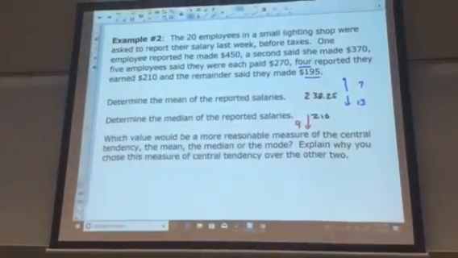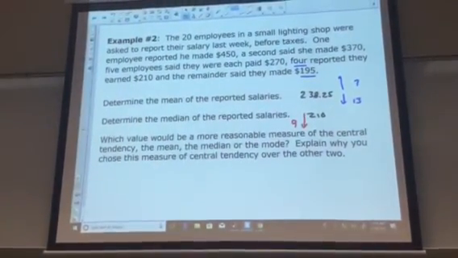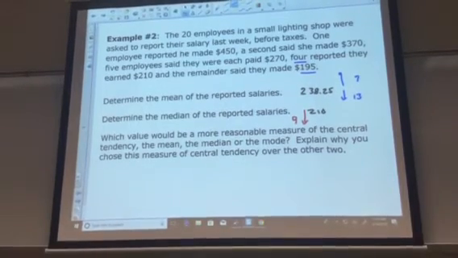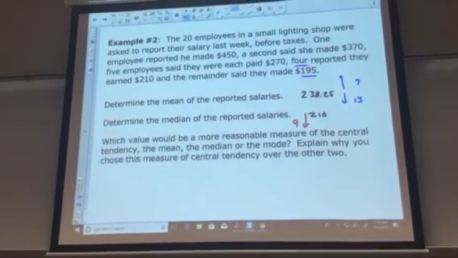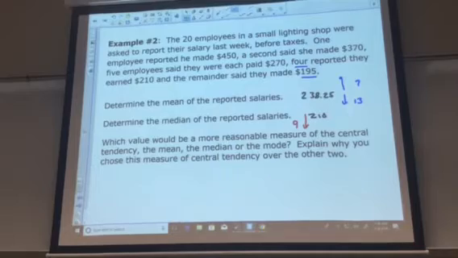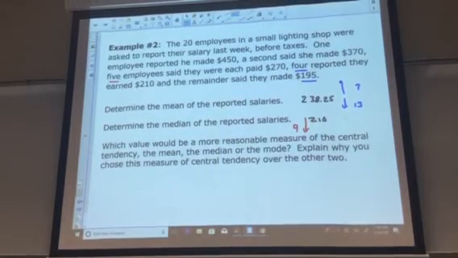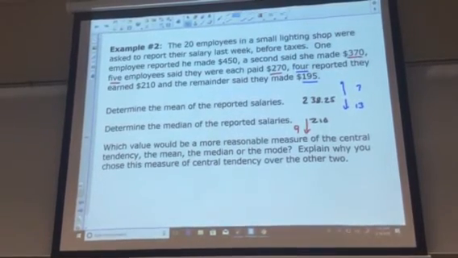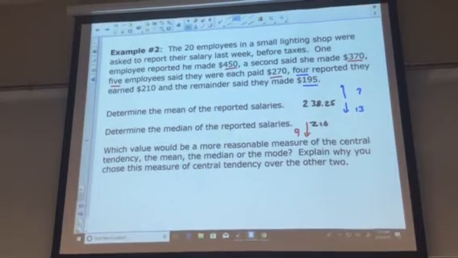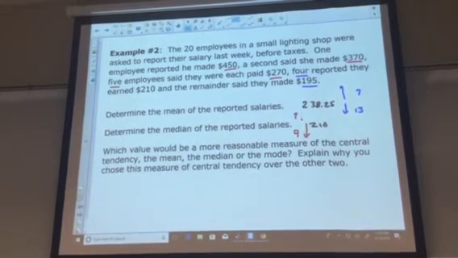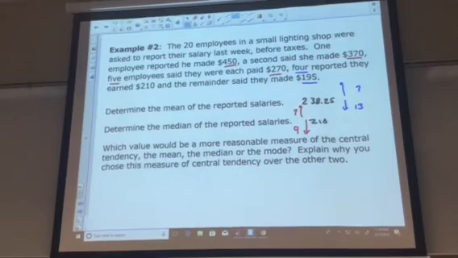Those are the people that make 195, right? How many are above 210? So we have those 5 people that made 270. We have the 1 person that made 370, and we have the 1 person that made 450. So there are 7 people that are above the 210.